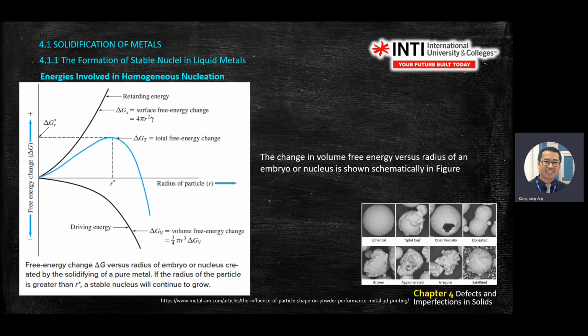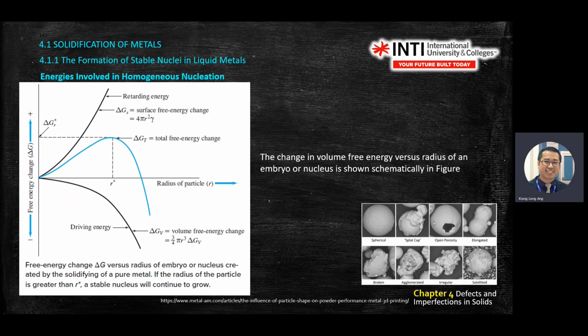As you can see from the blue curve here, if you need to grow the nucleus, you need to grow the metals. In solidification, you start from a small one until a big one. So you can see there's a curve. This is where you get the critical size.